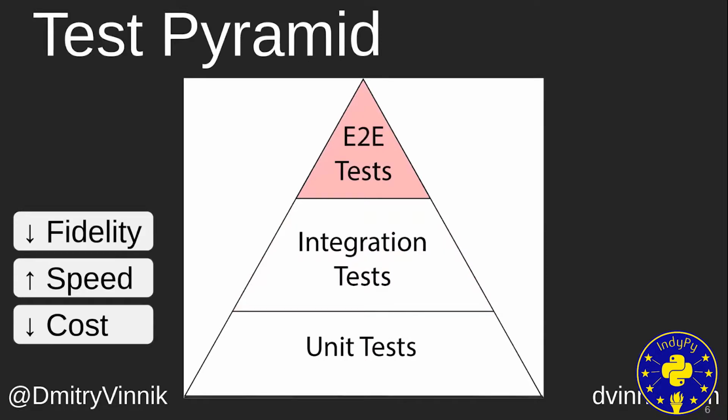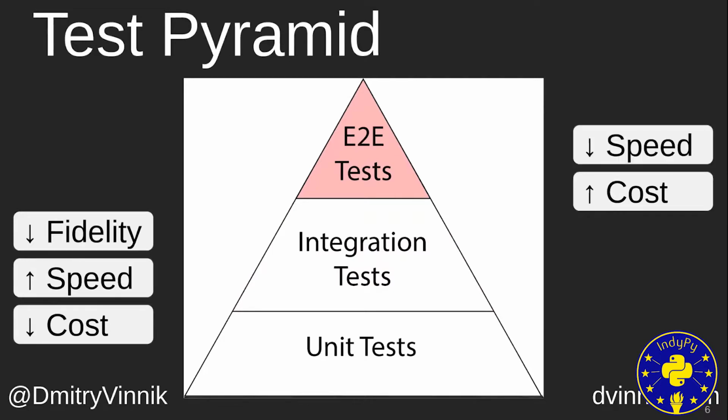And last, of course, something we're going to focus on more than anything during this talk is end-to-end tests. They are the polar opposite of the unit tests in the sense that they're usually the costliest to run, to maintain, to even write. They're the slowest compared to the other levels, but they give you the highest level of fidelity.